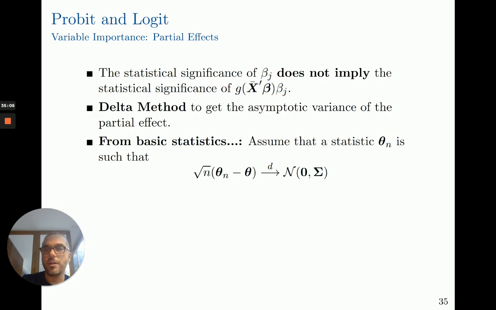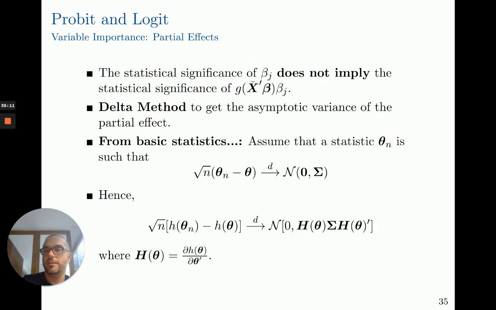We are going to use the delta method to get the asymptotic variance of the partial effect. The square root n times a function of this statistic will be a Gaussian random variable with zero mean and the variance given by this product of three terms, where h is the gradient of the function.